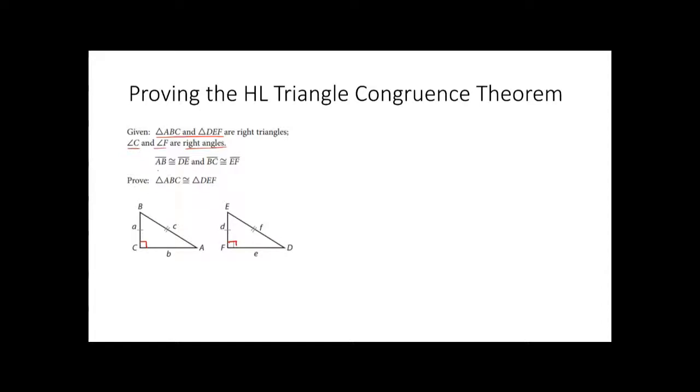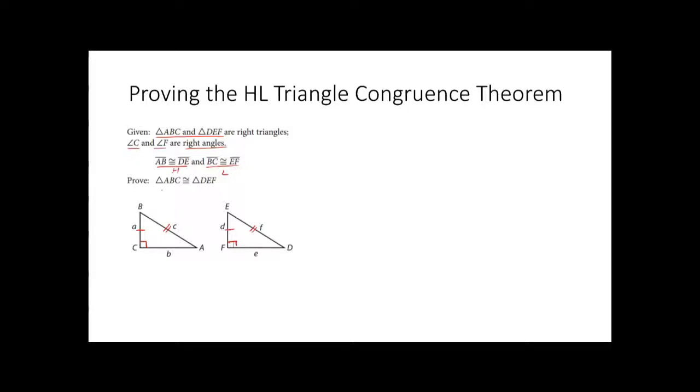And then AB is congruent to DE. AB is right here. The hypotenuse is congruent to the other triangle's hypotenuse. And then BC is congruent to EF. That's really good. So that's giving us a leg and a hypotenuse.